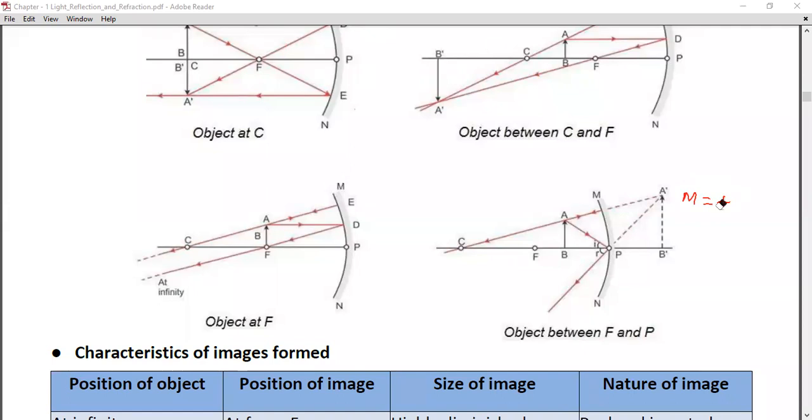It is many times greater than +1. Like this, an enlarged image will come, right? In the first five cases, magnification will be negative, and this is the only case where you will expect magnification positive.